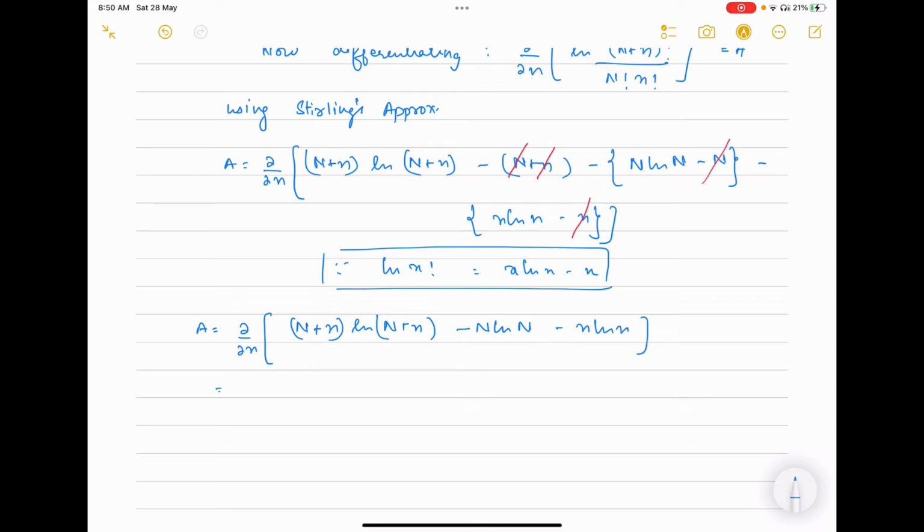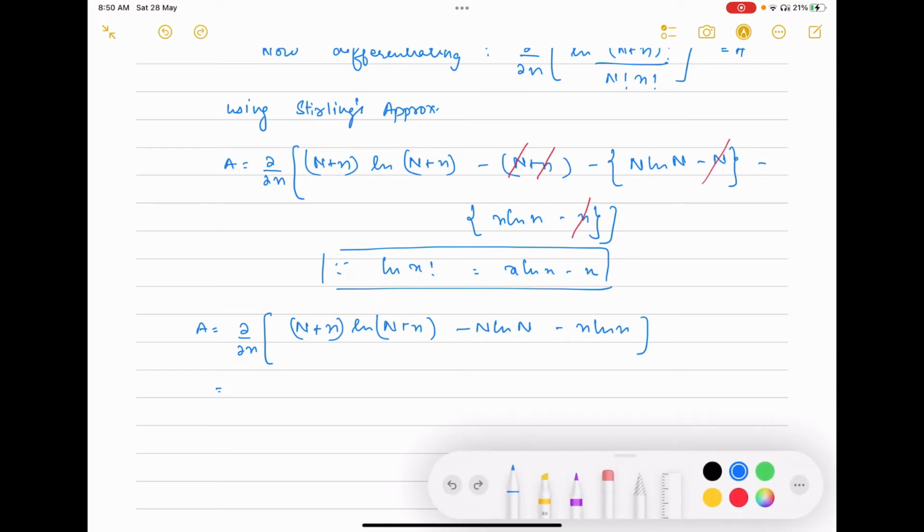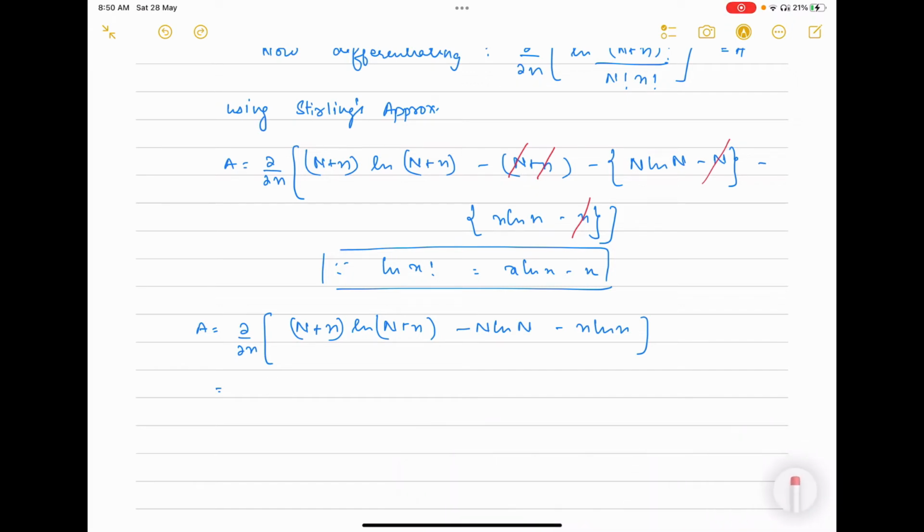So let us differentiate the first term. So it becomes N by (N+n) plus ln(N+n) plus n by (N+n). So this is a constant with respect to small n, so it will be 0, minus ln n plus n by n.